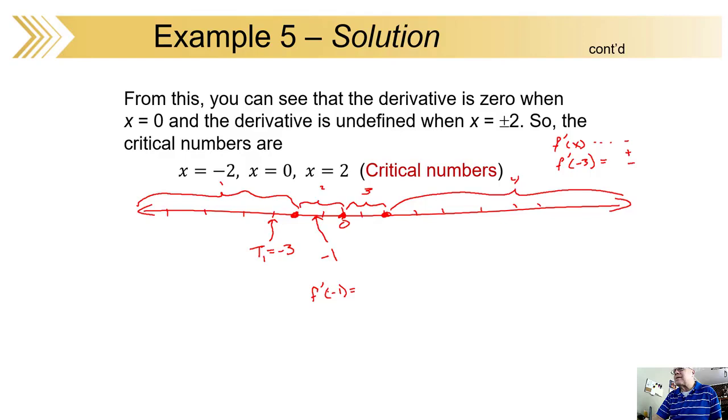Positive means increasing there, negative means it's decreasing. And that means at any point here, you're going to get the same positive or negative value. So all you have to do is pick anything in that interval, and it's going to tell you something about the whole interval. Then you'll go to the third interval.